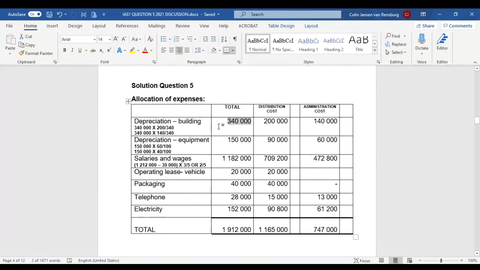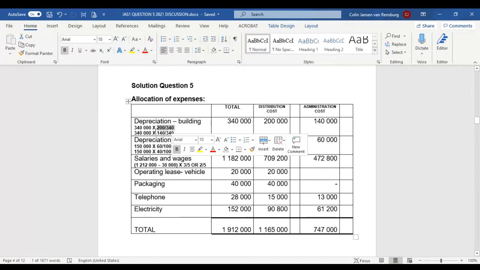So we're going to take that 340,000, we multiply it by this little factor. This factor, 200 square meters, that is used by the warehouse, which is part of our distribution function, over the total square meterage of that whole building, which is 340 square meters, right? So 200 square meters over 340 square meters, that is the portion of the expense that we are going to allocate to distribution cost, right?